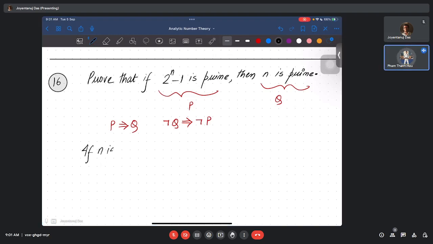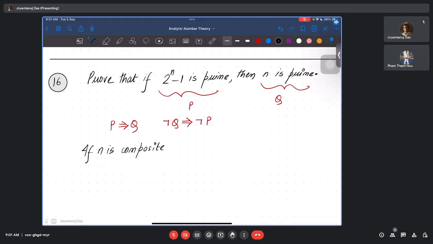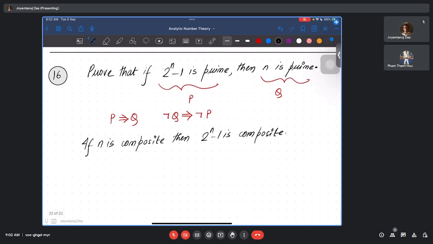Now I think it is easier to check. Yes, now how to do it?